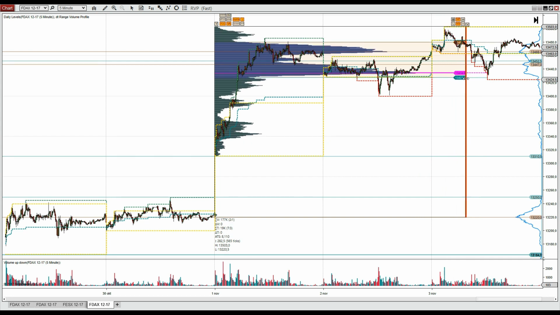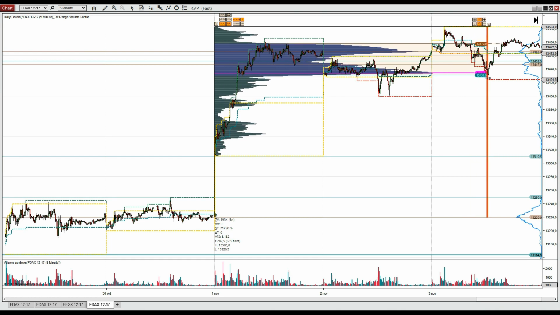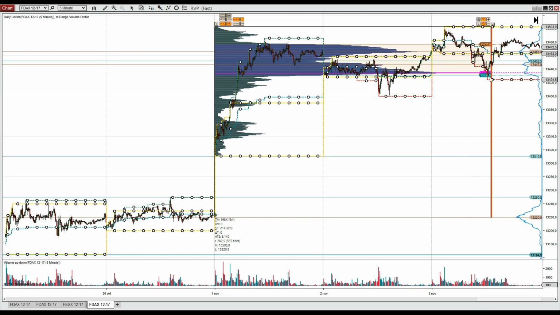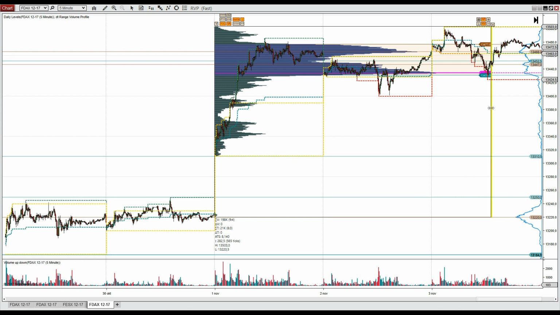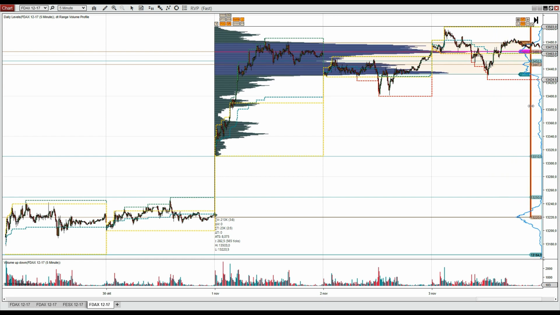However, we did reject the higher prices and came down to test this high volume node and point of control of this time frame, and that's where we found support, and later in the day we retraced upwards. So this is the profile coming into the next day, which was today in this case.